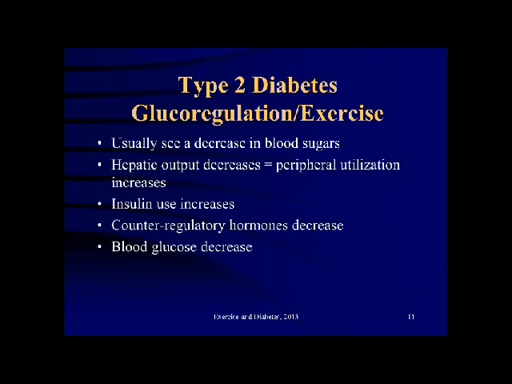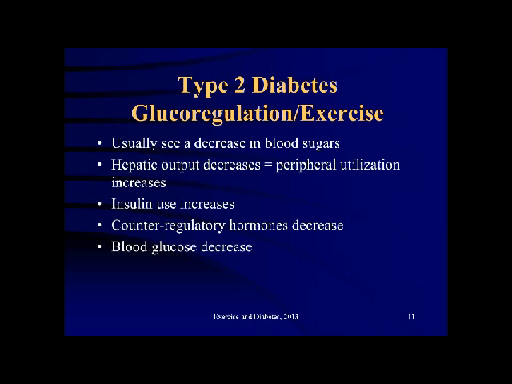So for an individual that has pre-existing diabetes, with glucose regulation and exercise, typically we see the body respond when somebody starts exercising with the blood glucose level being pulled down. That's very typical. That's the normal response we would expect.